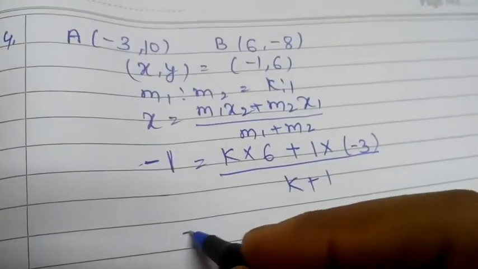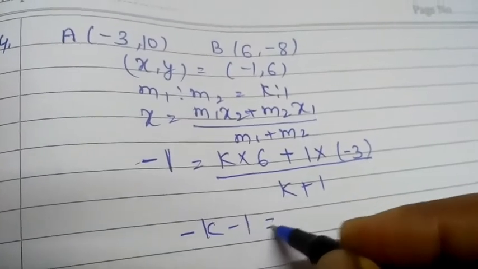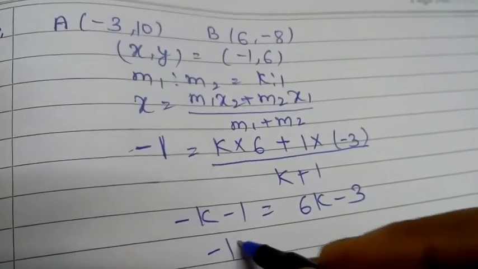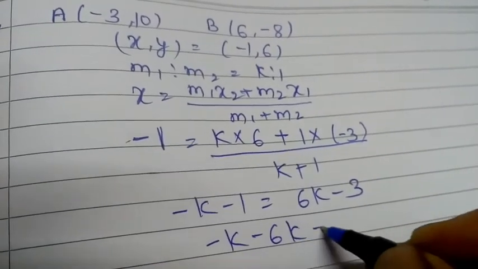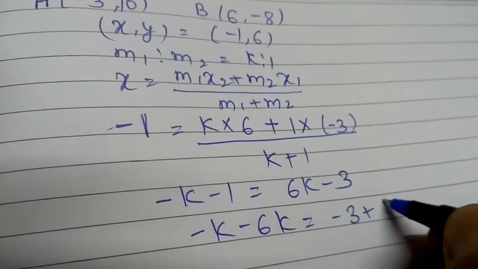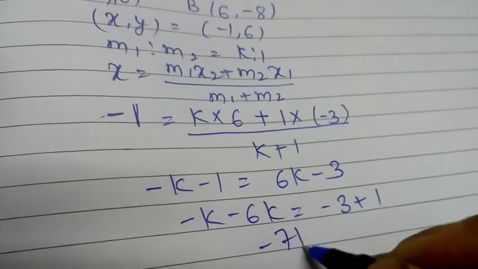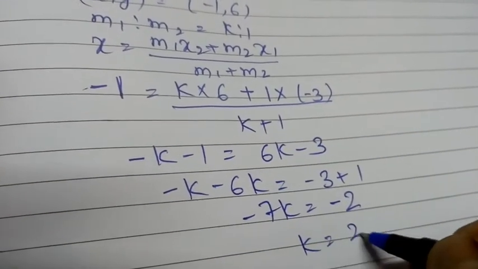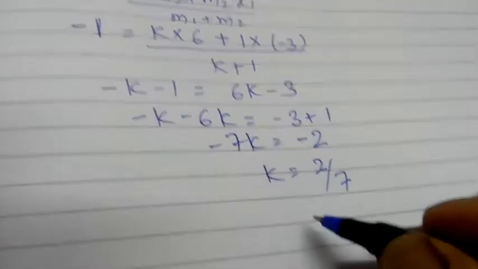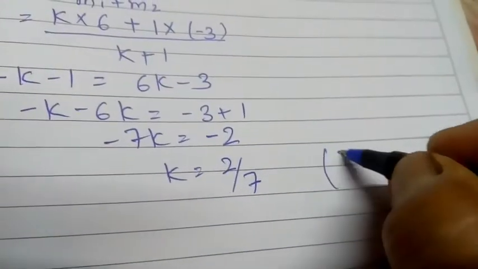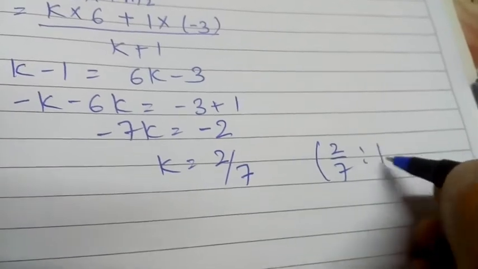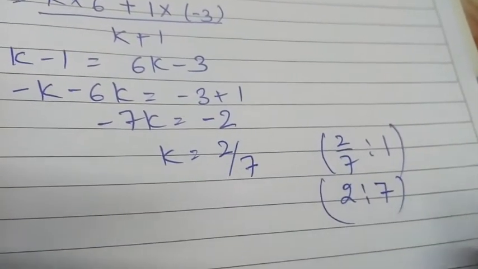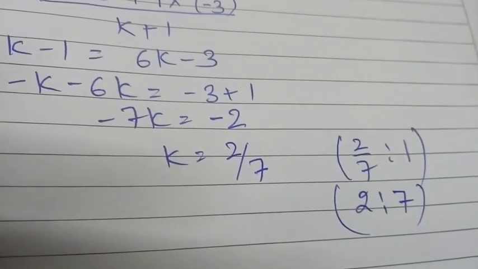By cross multiplying, -k minus 1 equals 6k minus 3. Rearranging, -k minus 6k equals -3 plus 1, so -7k equals -2, k equals 2 by 7. It means the ratio is 2 by 7 is to 1, which means 2 is to 7. This is the ratio, 2 is to 7.